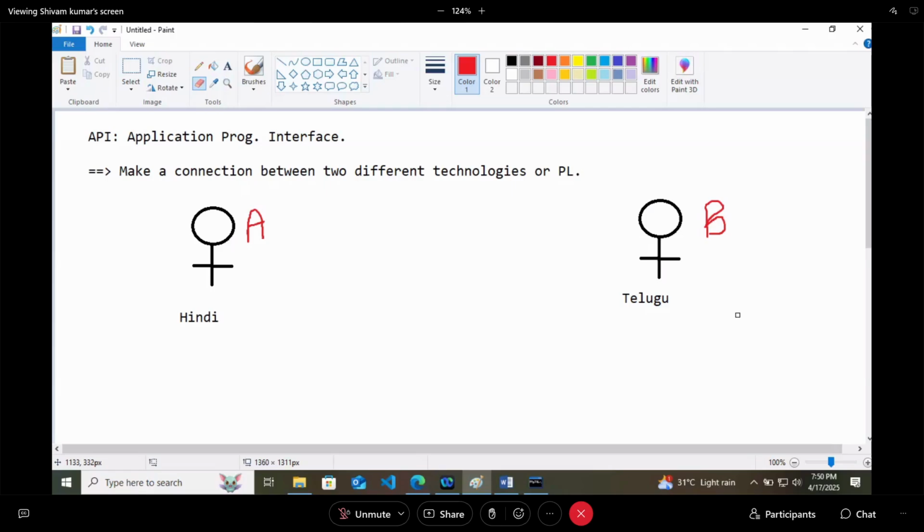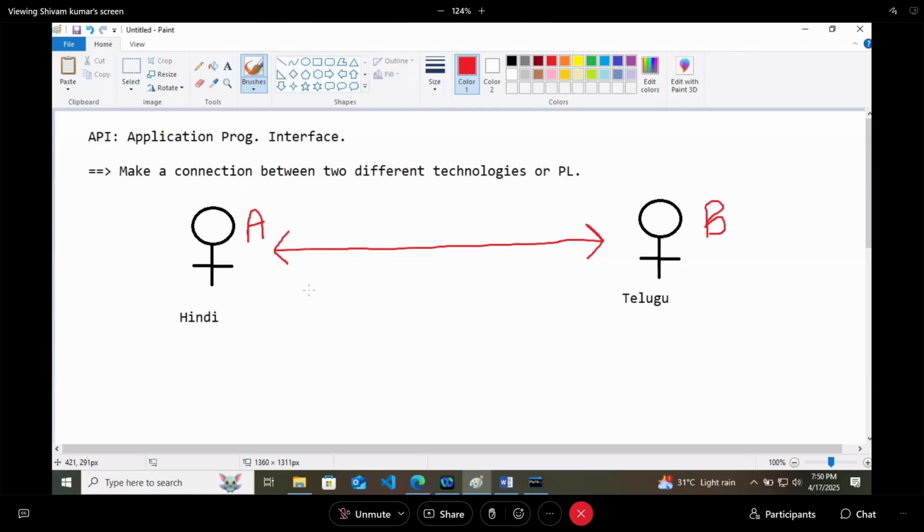Now if they want to communicate with each other, how will they communicate? I am asking a real-time scenario. Let's say our prime minister is going to Japan. Now the Japanese prime minister will understand the Japanese language. Our prime minister generally talks in Hindi, so they will take one translator with them.